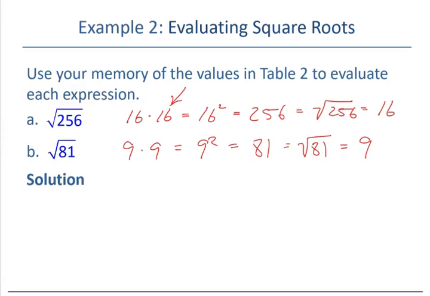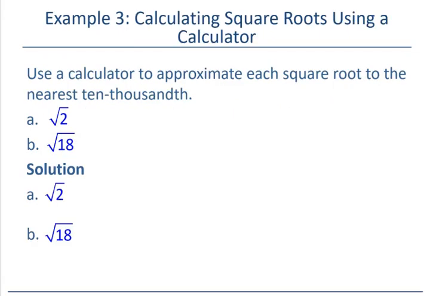Let's continue on here. Notice these, we're going to use a calculator, because there's no number that you can just think of in your head to come up with the square root of 2. You're going to learn later on these are called irrational numbers. Whenever we take the square root of 2, we get a really, really ugly number. And notice this says approximate it to the 10,000ths place.